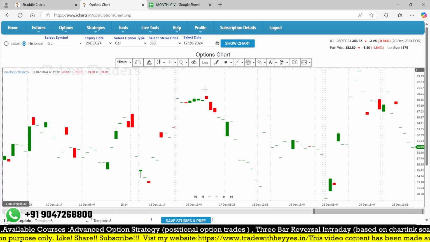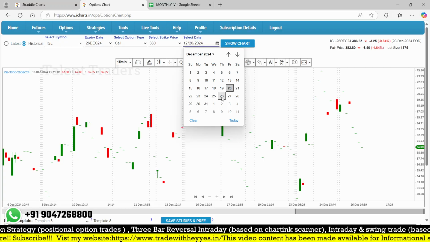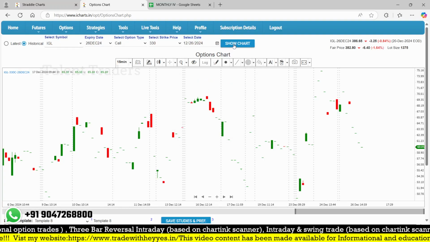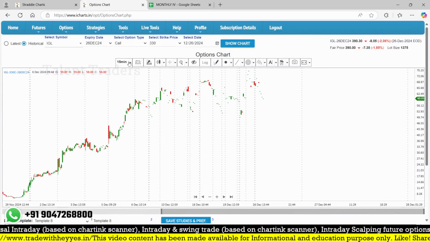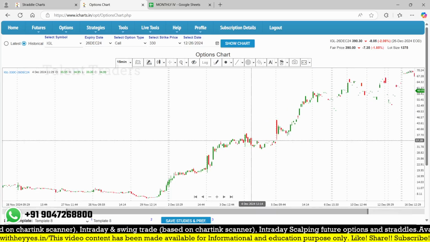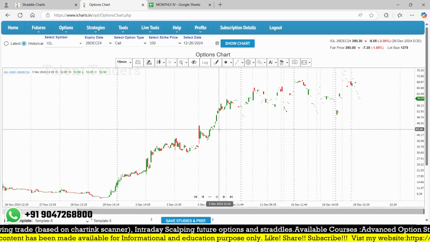Okay, already we have a strategy, and this is the straddle on 26th December, call of 330, over 15 minutes. It is showing, I think, that on December the call premium increased.